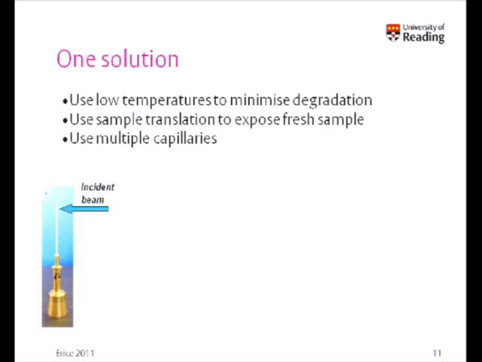A potential solution to this is to drop the temperature, do your collection at low temperatures to minimize that damage, and use sample translation to expose fresh sample. So if we go back to that previous pattern, we've worked out that we can collect for roughly 4 minutes at least before there's any possibility of damage. So why not collect for 4 minutes at this point in the capillary, because the beam width is only a couple of millimetres and our capillary is much longer than that, and then use sample translation to automatically move and expose a fresh piece of sample and then collect another 4 minutes of data.